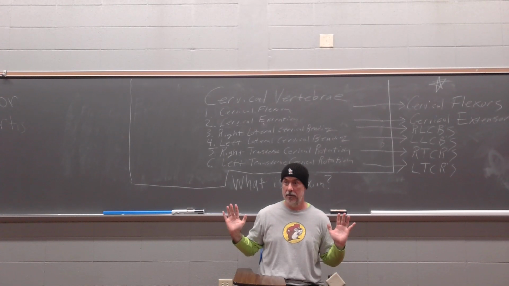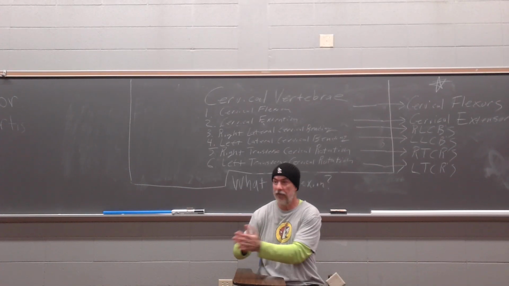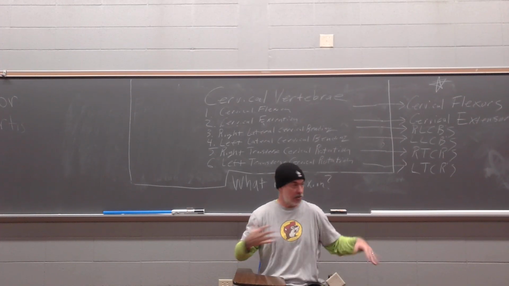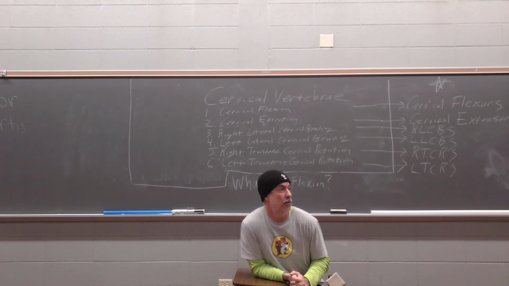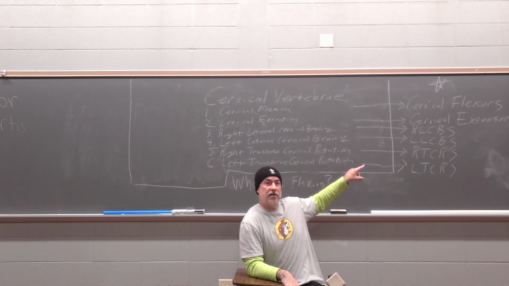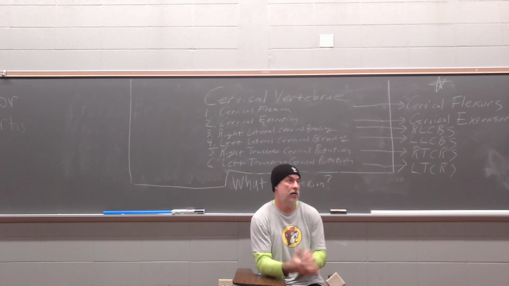Does that make sense? And once we get the hang of this, guys, the last part of this class, all the specific muscles are going to be easy. Because now it's just, well, who are the things that pull that way? Does that make sense?